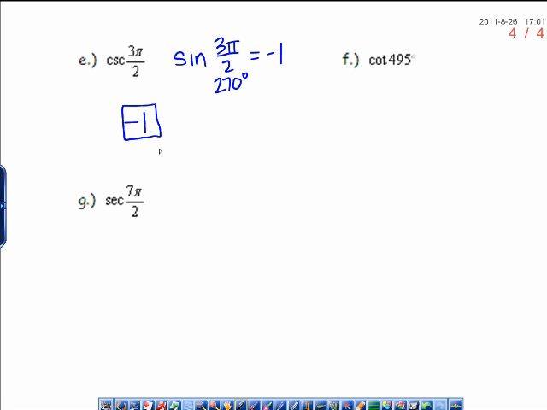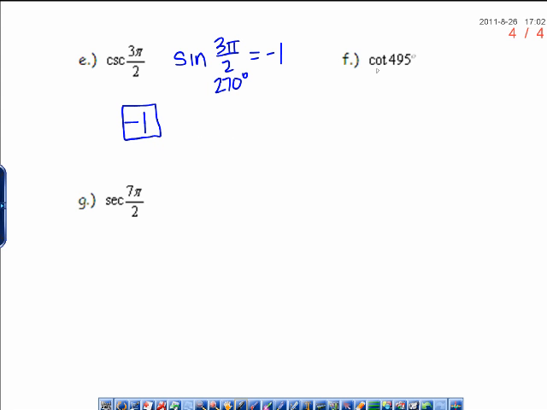If you take the reciprocal of 0, you get undefined, and if you take the reciprocal of undefined, you get 0. It's not that the reciprocal of undefined is 0, but if you remember why we got undefined, it's because we had a number over 0, and if you reciprocate that, you get 0. So the chart problems end up really being the easiest ones, even if you're having to do a reciprocal.